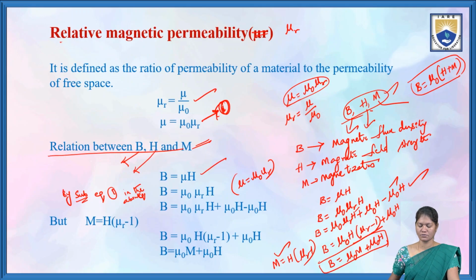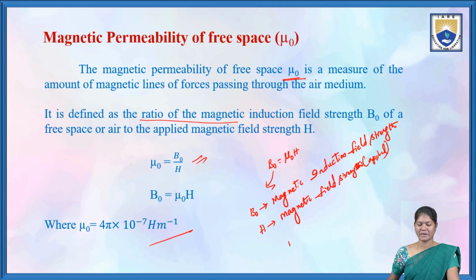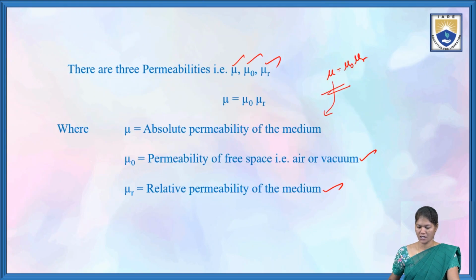Okay, so magnetic permeability mu is equal to mu naught mu r. So mu is the magnetic permeability, mu naught is the permeability of free space, and mu r is the relative permeability of the medium.